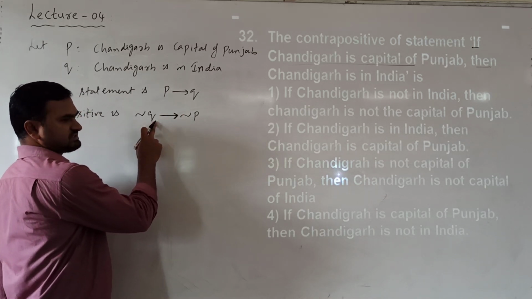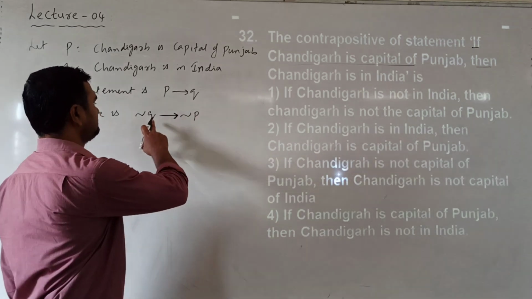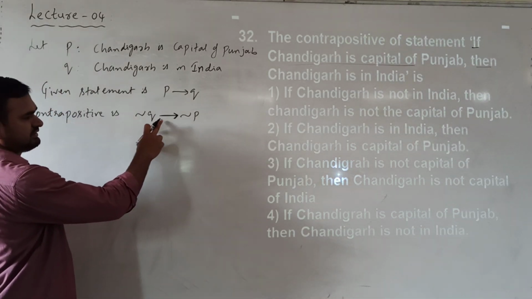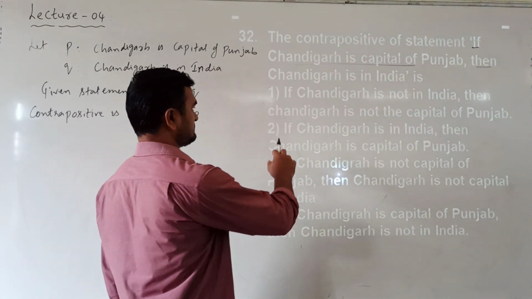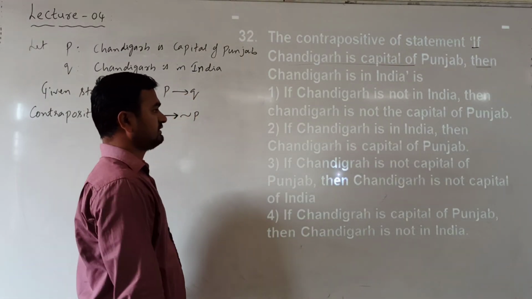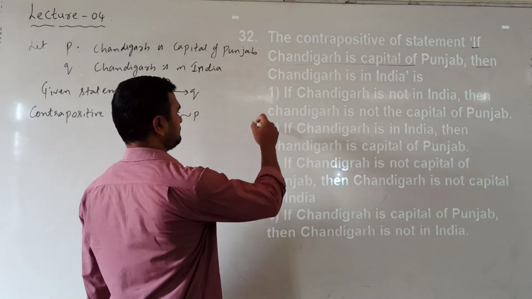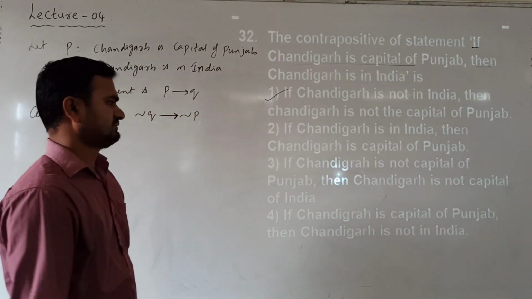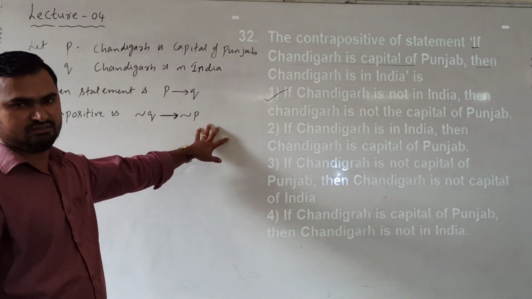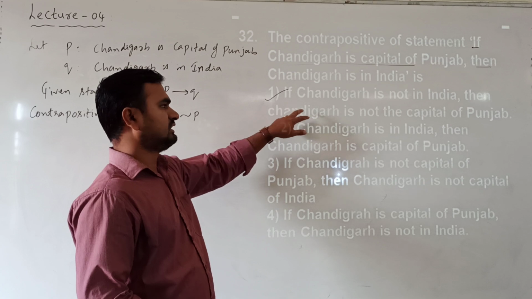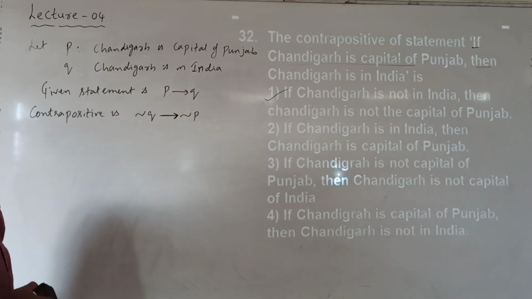If first statement, then second statement. So you can see if Chandigarh is not in India, then Chandigarh is not capital of Punjab. See options. Okay, so first option will be correct. Negation Q implies negation P. Okay, so first option will be correct.